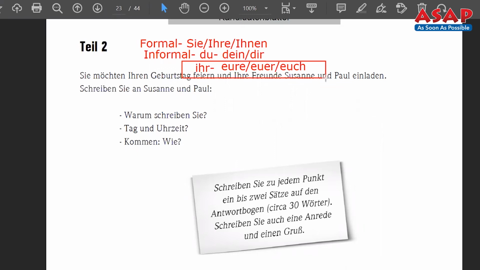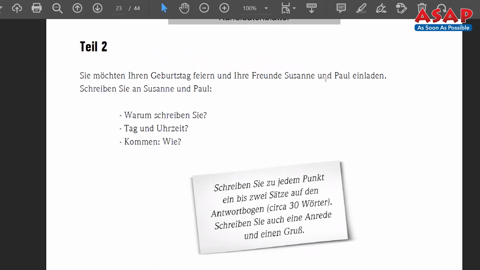So be careful. Understand which form it is, formal, informal, du or ihr, and then pay attention. This won't take more than 30 seconds. You should finish reading this one line in just 30 seconds and understand, I have to write it in this form. Then check three points.